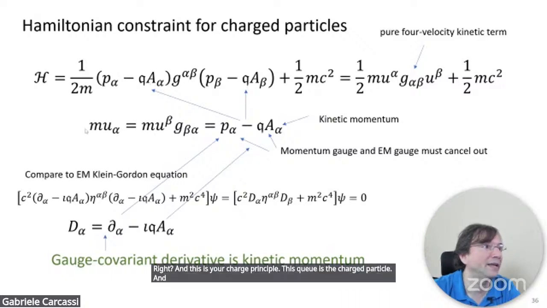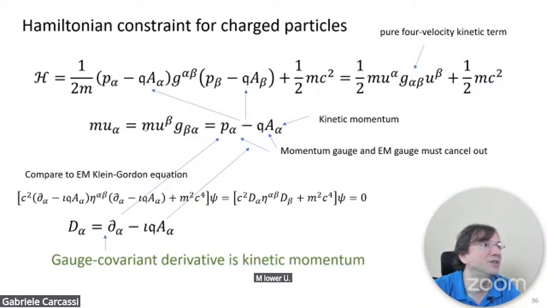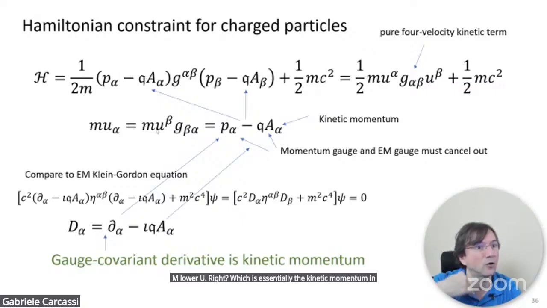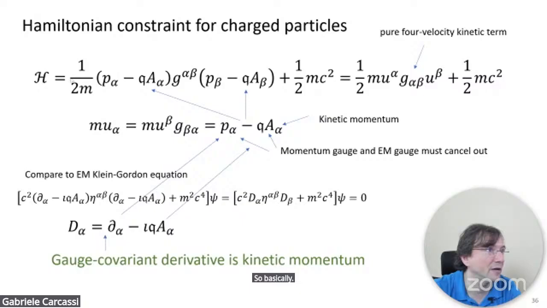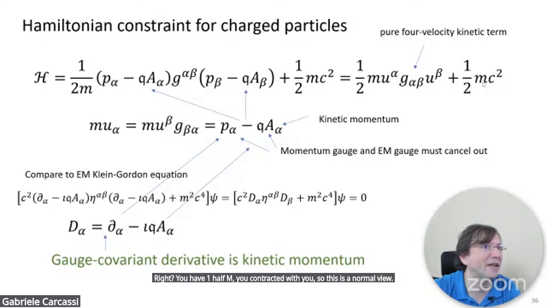And what you find is that M lower U, which is essentially the kinetic momentum in covariant components instead of contravariant components, is P alpha minus Q A. So basically, this term over here is just a four-velocity term, right? You have 1/2 M U contracted with U, so this is a norm, plus 1/2 M C squared.